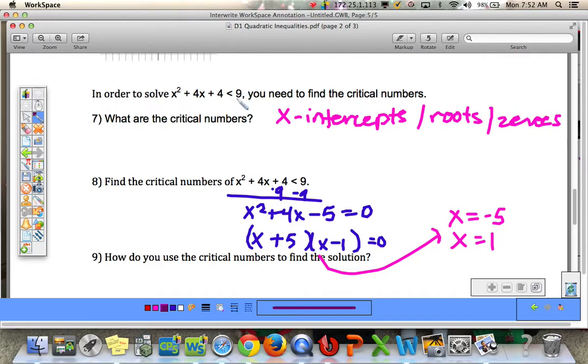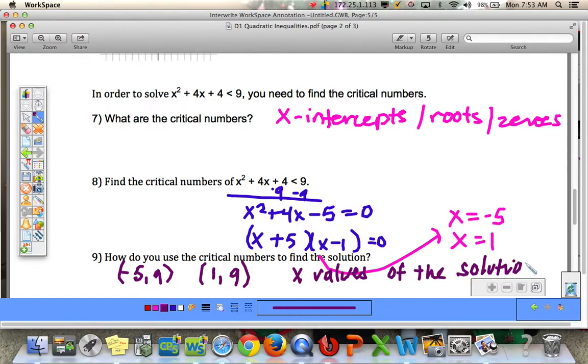So here, one of the points where it crosses was negative 5, 9, and one of the points where it crosses was 1, 9. They are the x values, I should say, of the solution. And the y values are just where it crossed. So here the y value is 9, and the x value is negative 5 and 1.